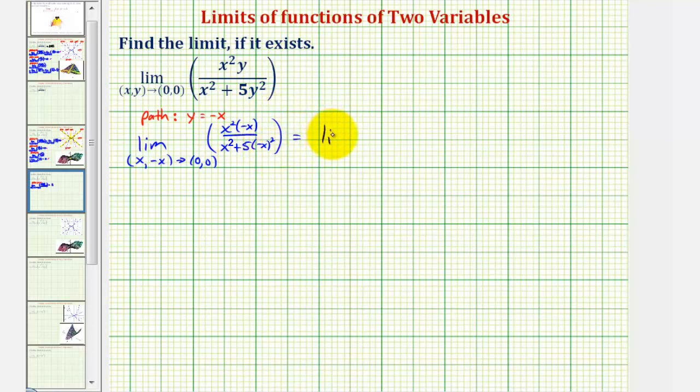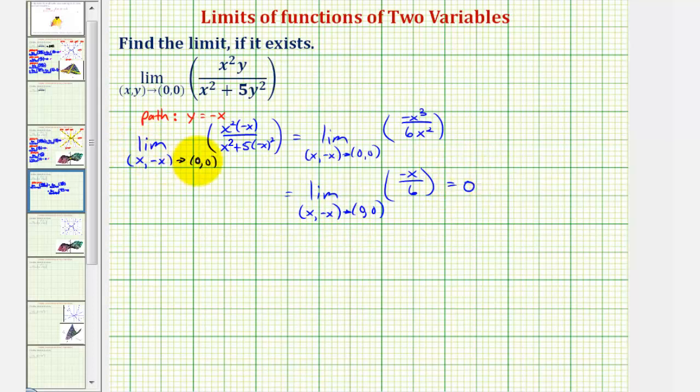So simplifying, we'd have negative x cubed divided by, this would be 6x squared. Again, this simplifies. We have the limit of x comma negative x approaches 0, 0 of, this would simplify to negative x divided by 6, which once again does give us a limit of 0.